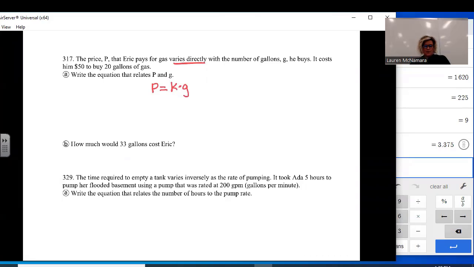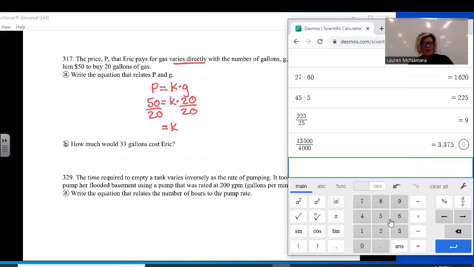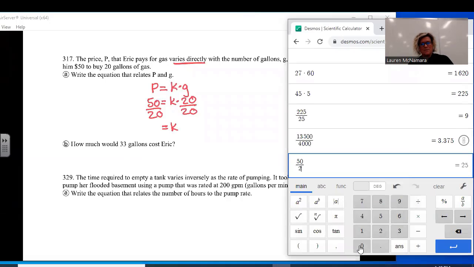It costs him $50 to buy, so 50 equals K times 20. Divide both sides by 20. So I get K is equal to, and I would go ahead and divide this and write it, I'm not going to leave it as a fraction here because it's going to be a fraction that ends anyway.